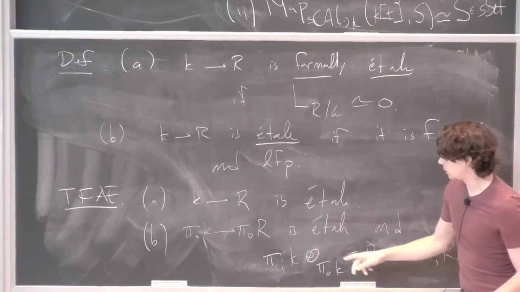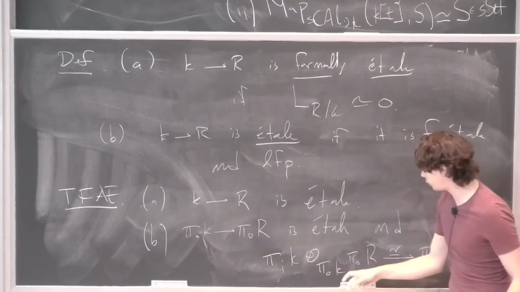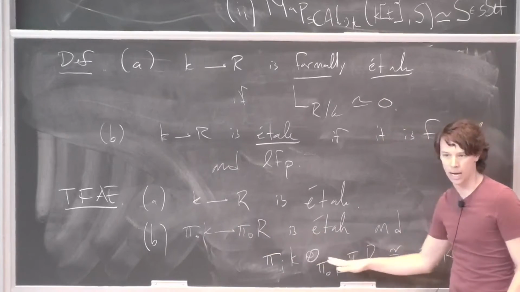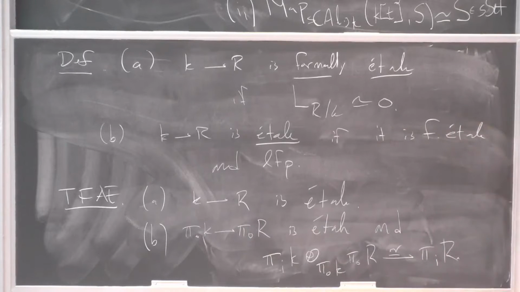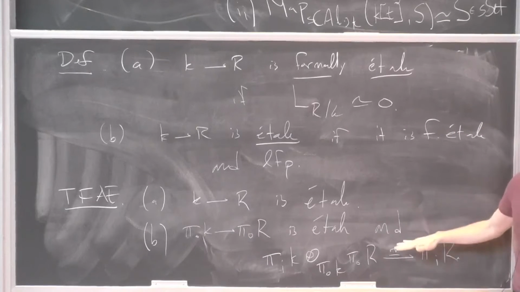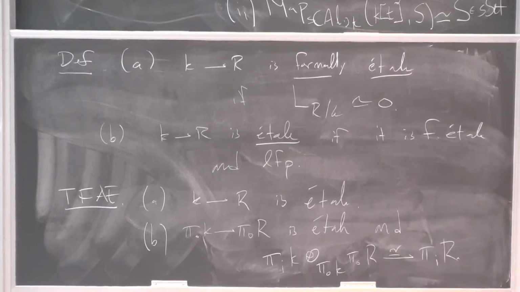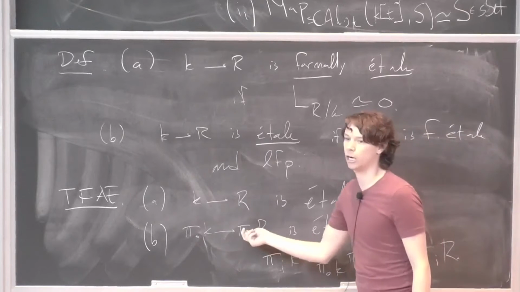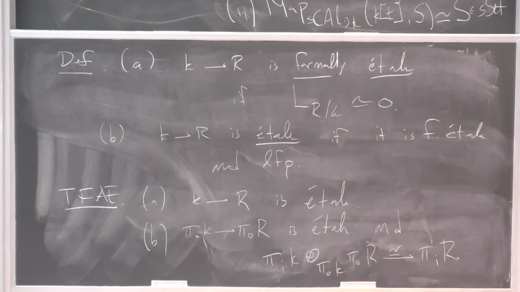And since this map is étale, it's in particular flat, so there's no need to derive this bottom term. Okay? So these two things are equivalent. So this tells you something about what étale morphisms of simplicial commutative rings look like. Well, pi 0 K to pi 0 R is flat.